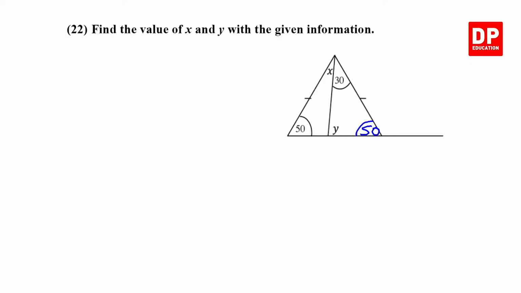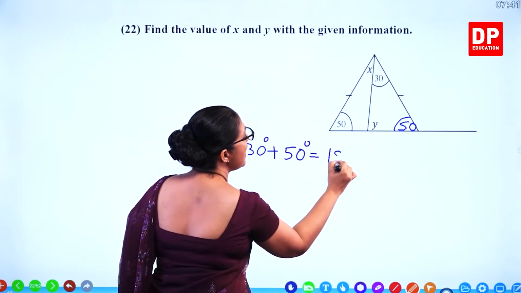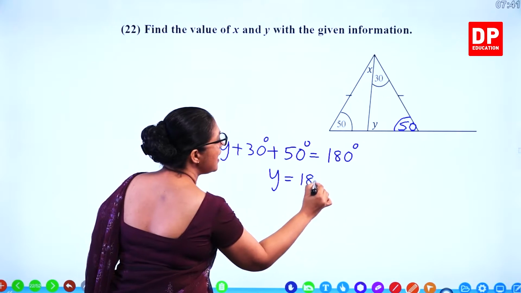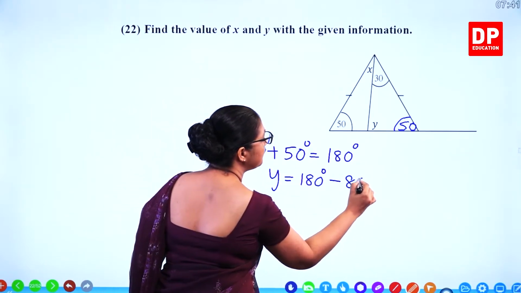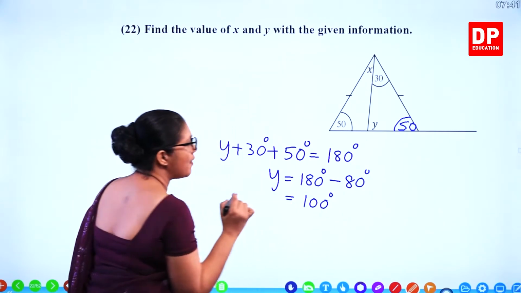So y plus 30 plus 50 is 180 degrees, because of the sum of angles in a triangle. So what's y? 180 minus 50 plus 30, that's 80. So 100 degrees for the y value.